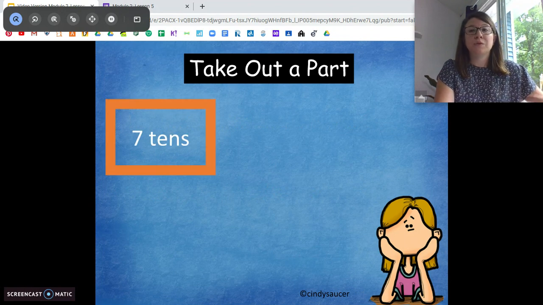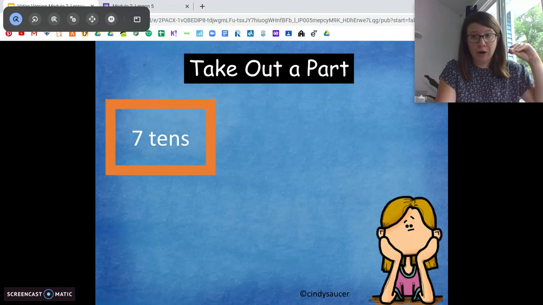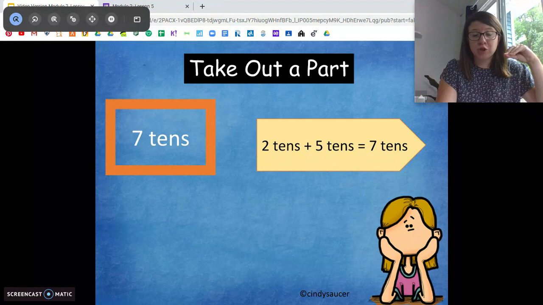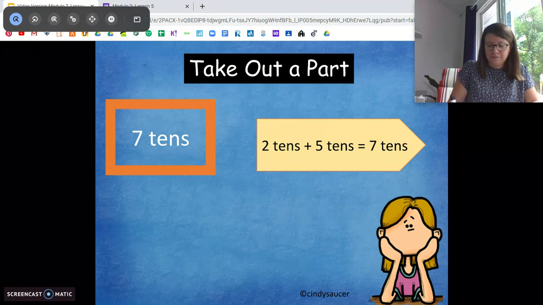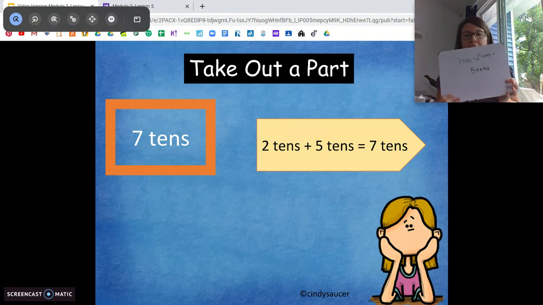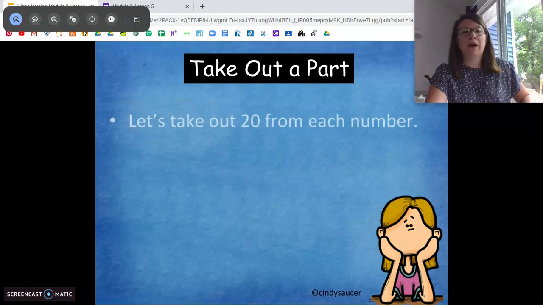Here we go. So 7 tens, we're going to take 2 out. 2 tens plus 5 tens equals 7 tens. Or 7 tens minus 2 tens equals 5 tens. We're taking 2 tens out, writing that addition sentence.